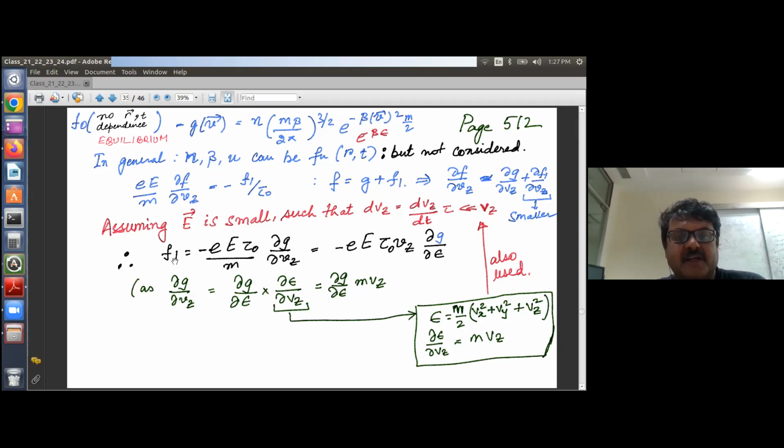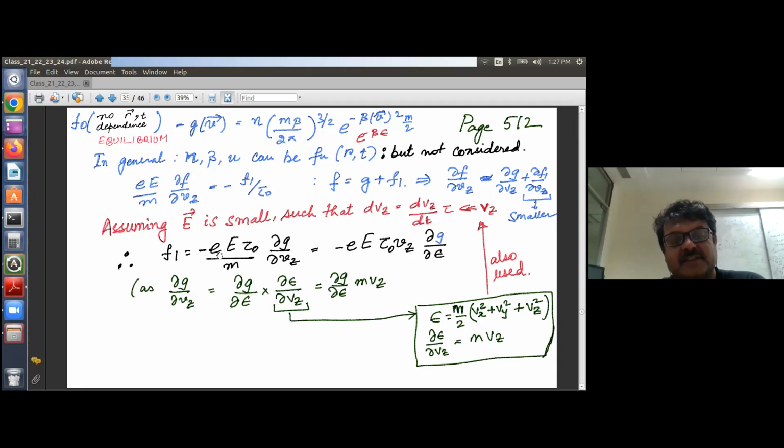So what we have written here is f1, and if we take tau 0 on the left hand side of the equation, then f1 is equal to minus e into E, the charge times the electric field, tau 0 by m, del g del Vz. Of course, e can come with a negative sign itself; that's just the charge.